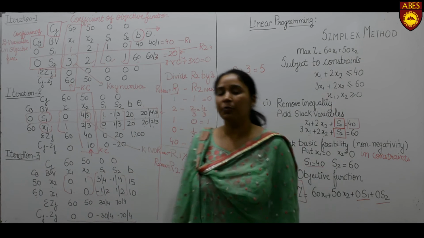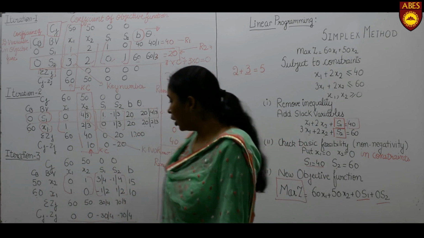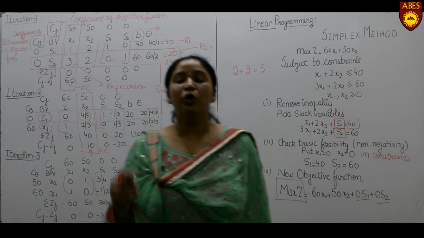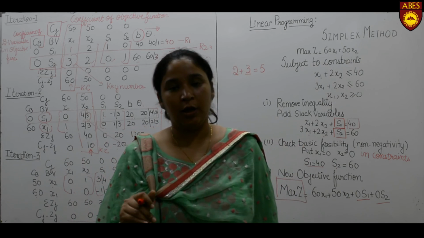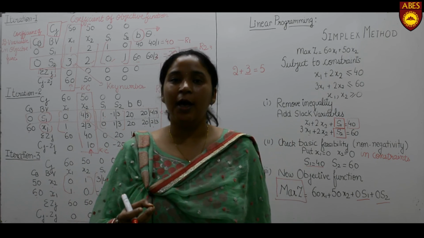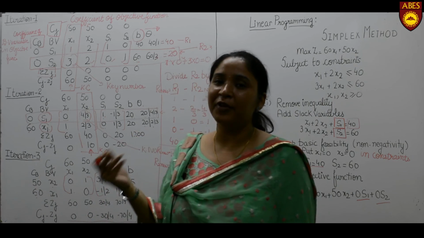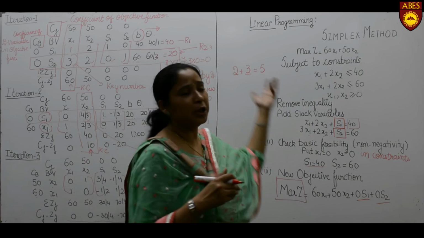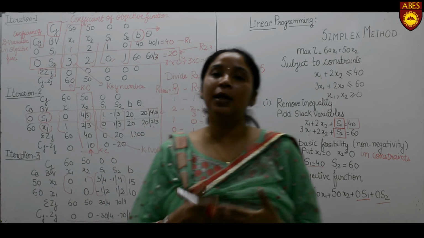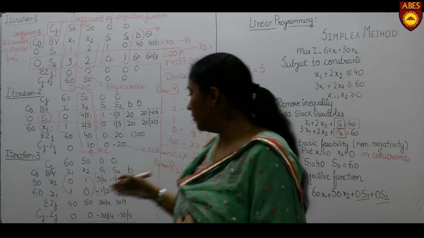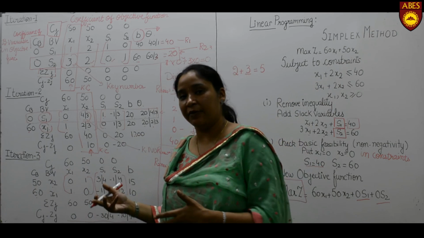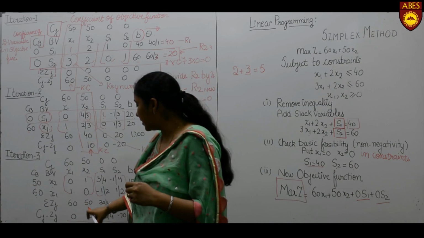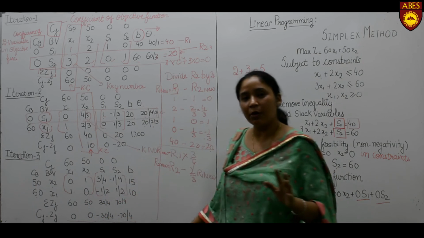For a maximization problem, if all the Cj minus Zj numbers are 0 or negative, we have to stop the iteration. There is no scope of improvement and no scope of any optimization. For a minimization problem, we stop when Cj minus Zj is 0 or positive. Now we have stopped the solution.